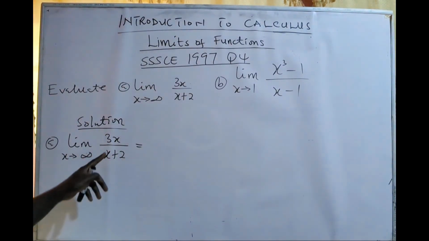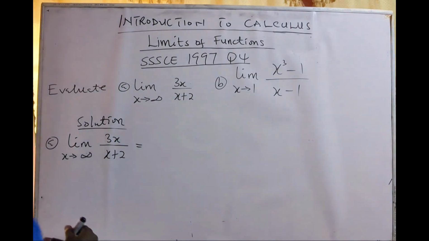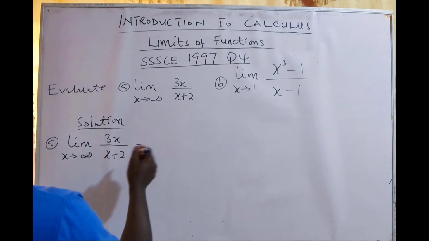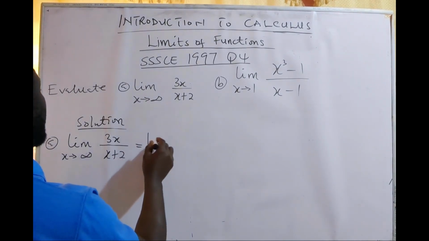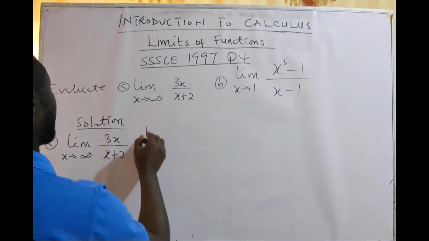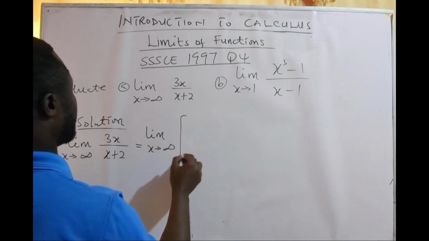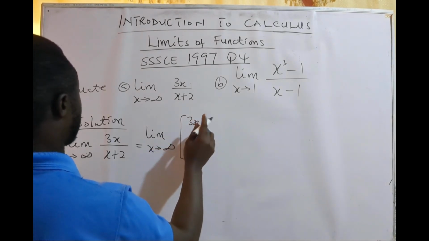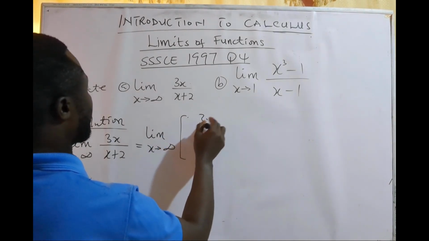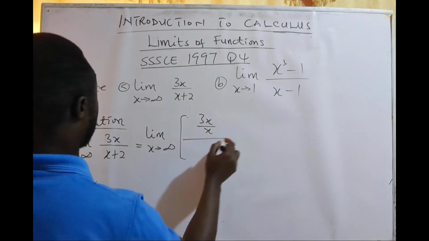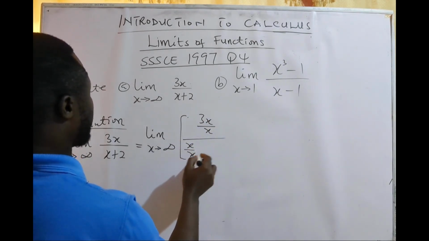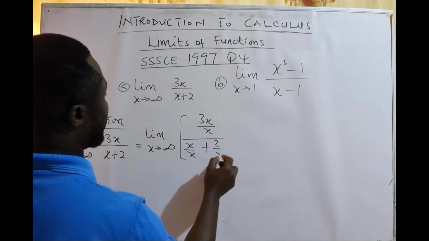You take the highest power of x, which is x, then you divide through by x. So I have the limit as x approaches infinity of 3x over x, all divided by x over x plus 2 over x.